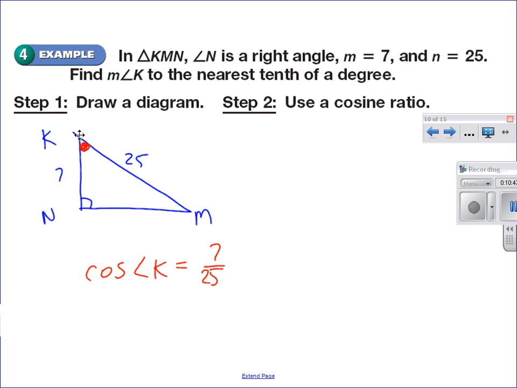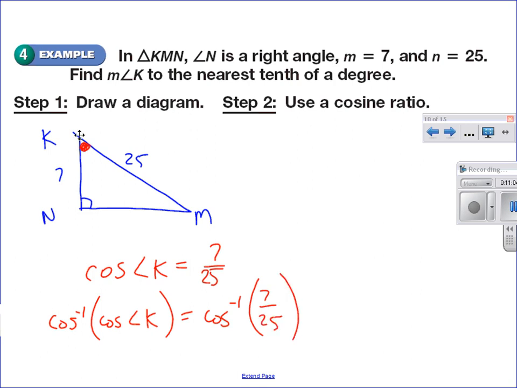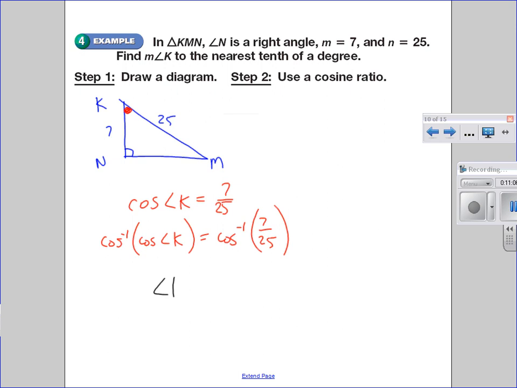Yes, you can. You do the inverse. So I take the inverse of both sides, and these cancel out, and on the left-hand side, I get angle K equals the inverse.